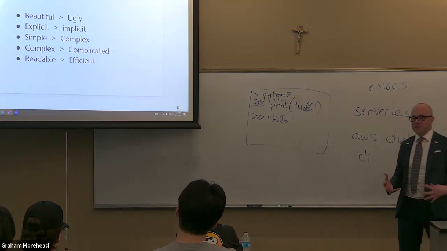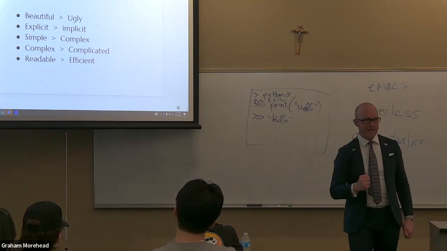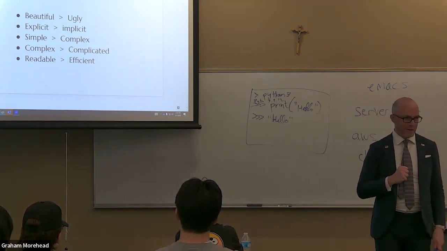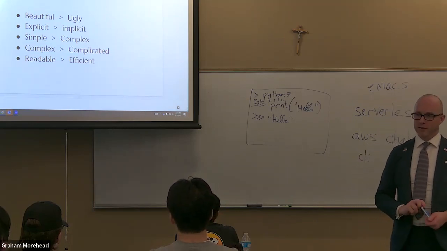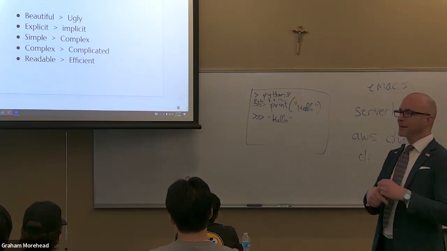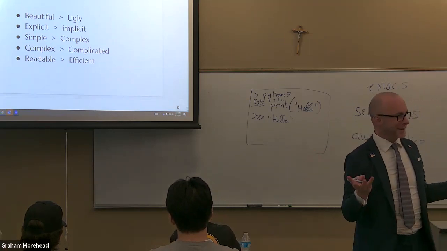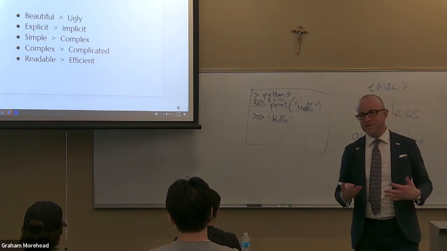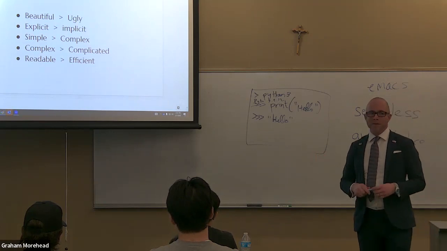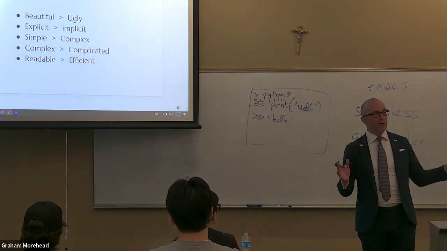All right, these are some of the sentiments that go into Python. Why Python was made in the first place. We want our code to look beautiful rather than ugly. Now, that's all subjective, but elegant code is beautiful.